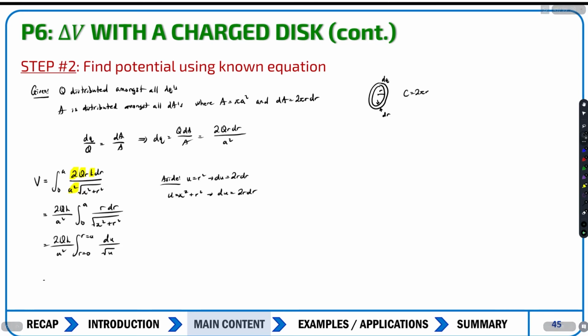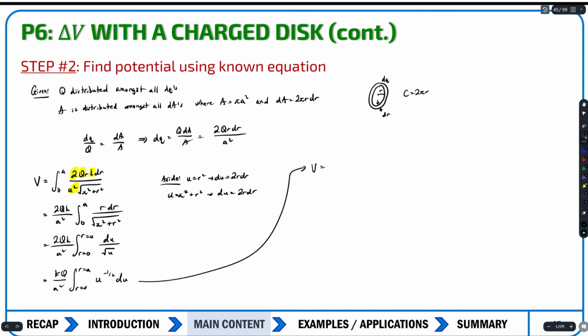We have then kq over a squared times the integral from r equals 0 to r equals a of u to the power of 1/2 du.